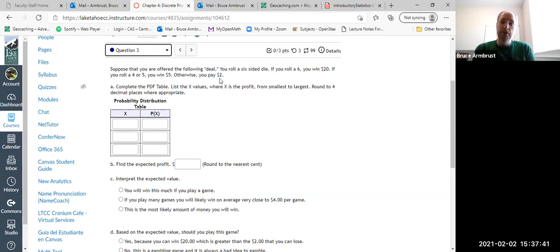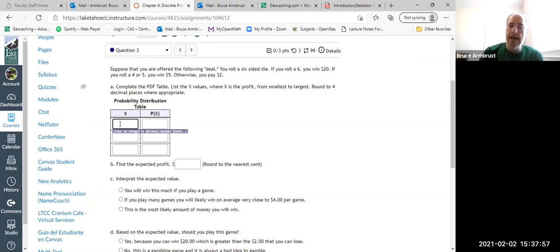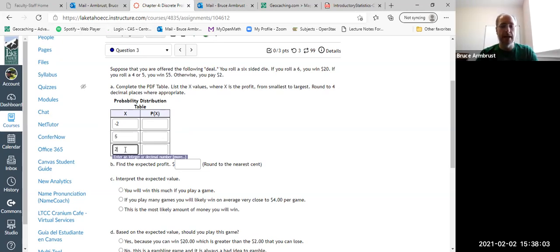We'd lose 2, which means we're going to win negative 2. I know it's kind of a weird thing to think about, but if we're going to talk about our profit, which is how much we gain, when we lose, we actually gain a negative. So in terms of the 3 values that we can actually get here, they're going to be -2, 5, and 20.